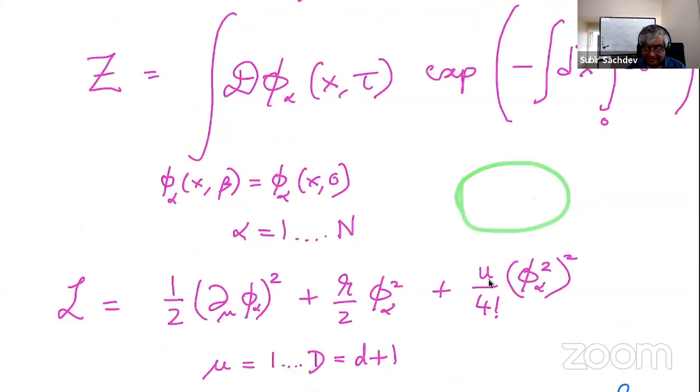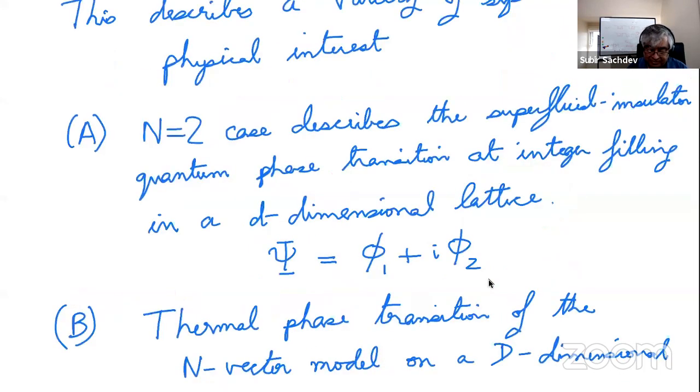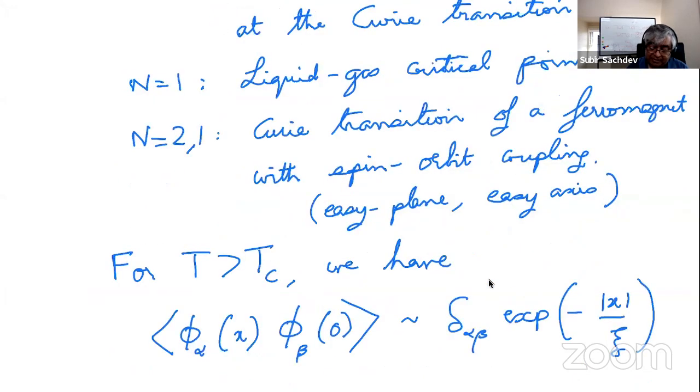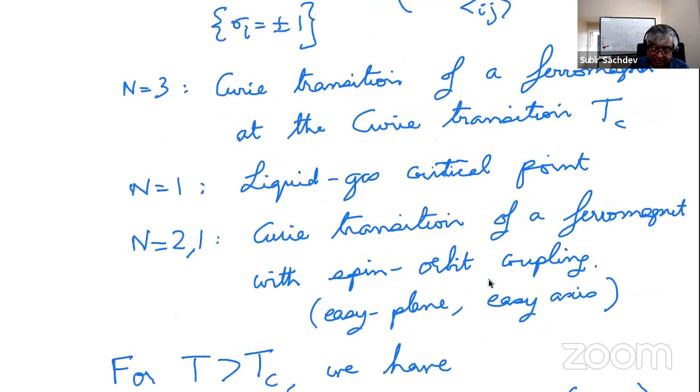It's all back to this. Okay, so these were historically the first contexts where such models were considered. You can also take a spin model or a magnetic model with spin orbit coupling so that the spins like to lie in a plane or along a given axis, and those would correspond to n equals 2 and 1.